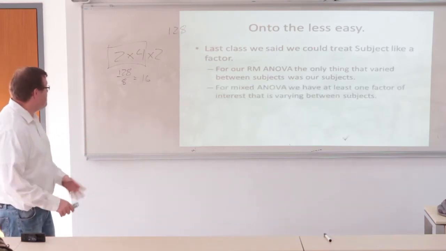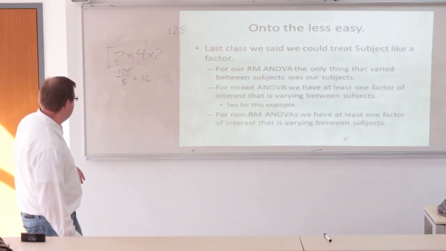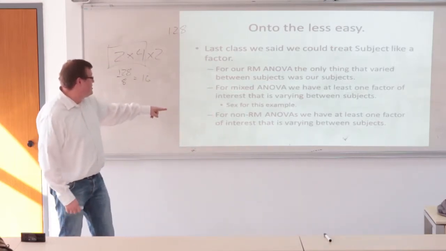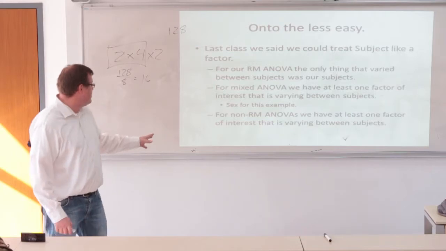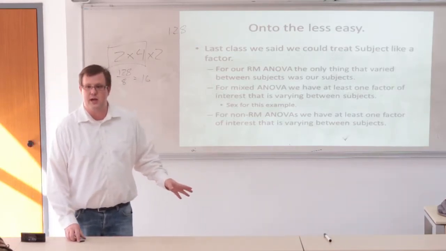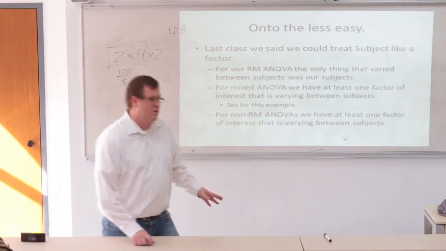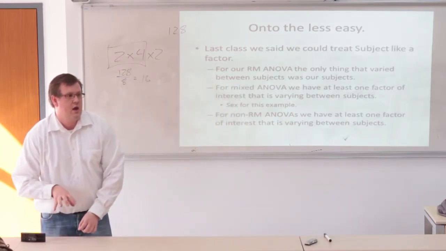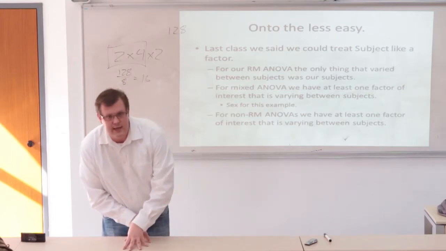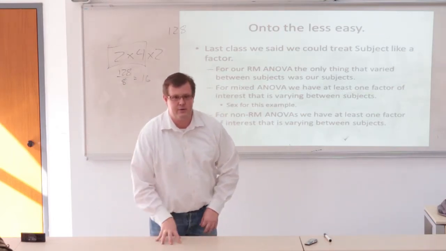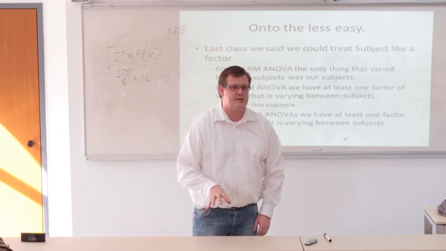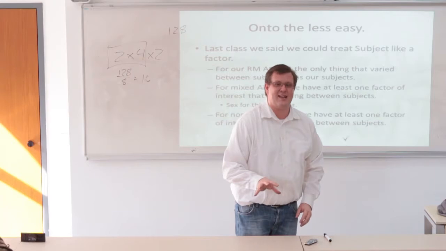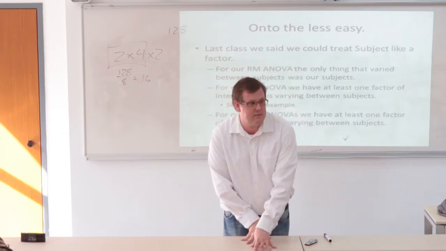Okay? So for the mixed, down here, for the non-repeated measures ANOVA, we have at least one factor of interest that is varying between subjects. So this would be like one subject gets an abstract queued list, a different subject gets an abstract unqueued list, a different subject gets a concrete queued list, and a different subject gets a concrete unqueued list, right?